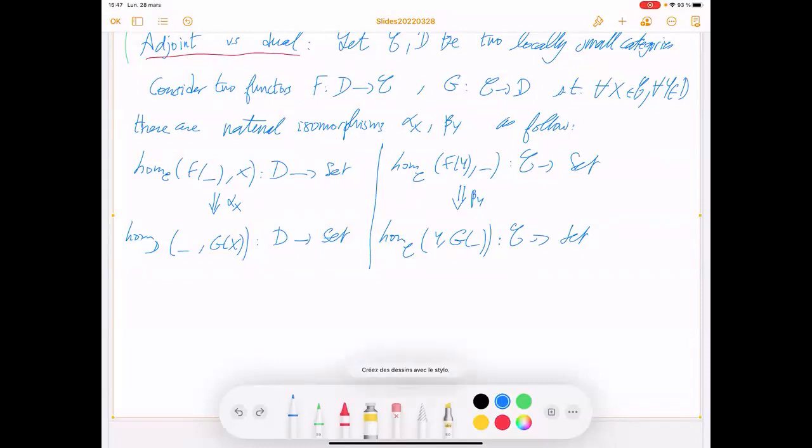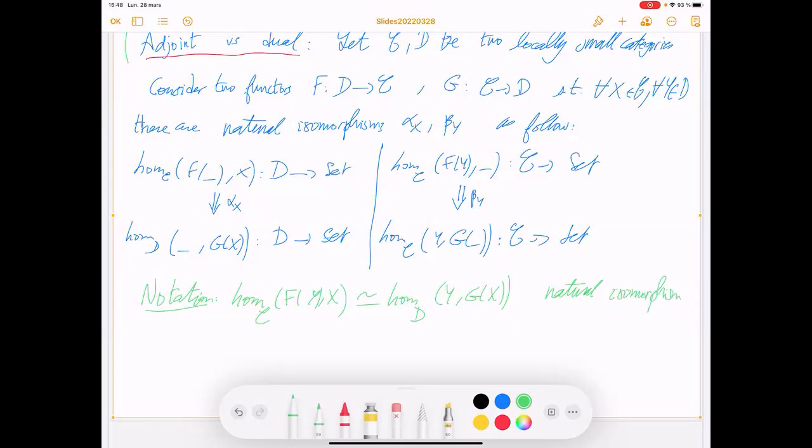Okay. So the notation: Hom C of F Y, X with a natural isomorphism to Hom D of Y, G X, natural isomorphism.